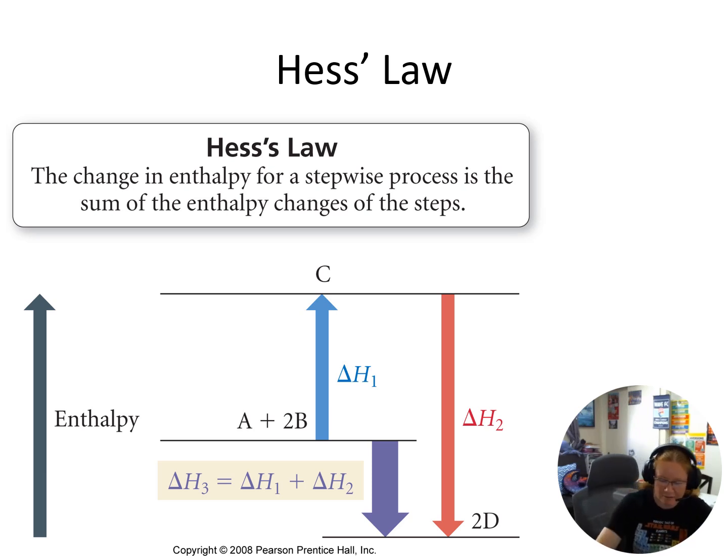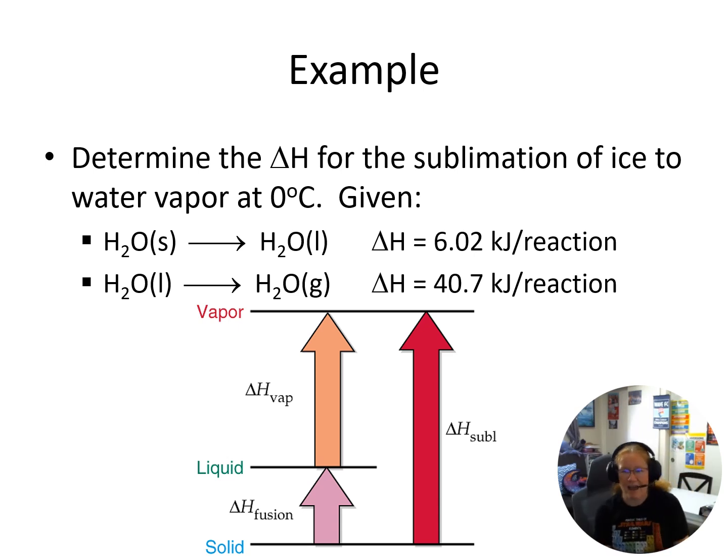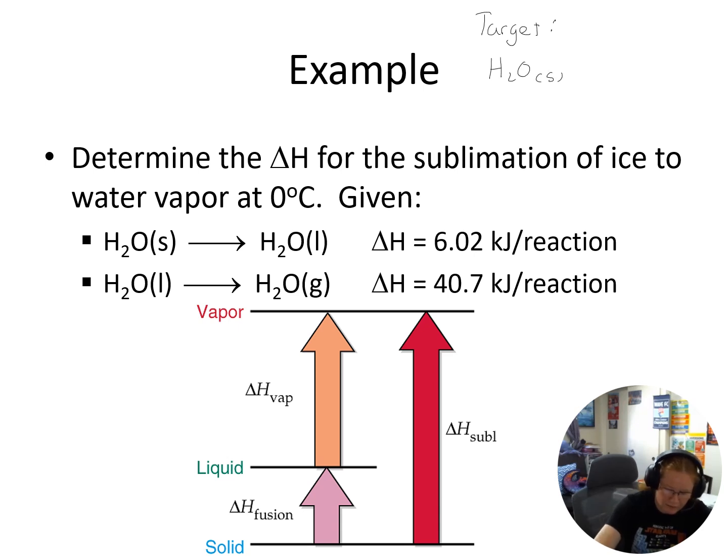steps. Okay, so here I have a process where I want to know what the delta H of the sublimation of ice to water vapor is. Okay, so I've got some stepwise equations. So our target here is our water in the solid form to our water in the gaseous form.